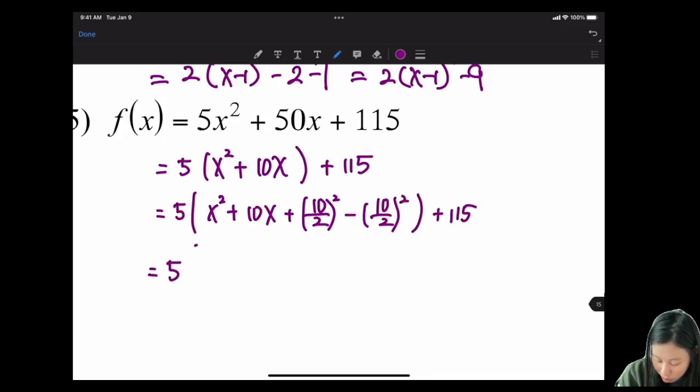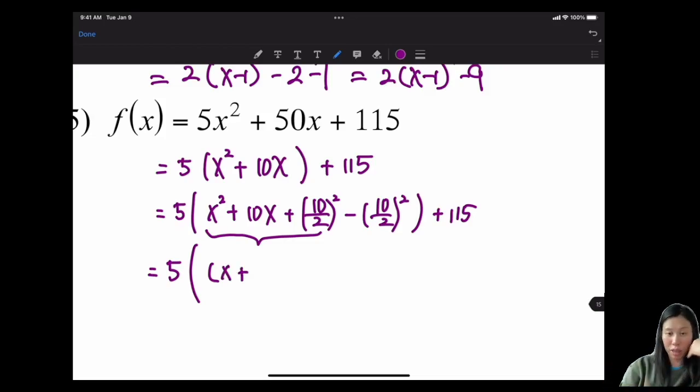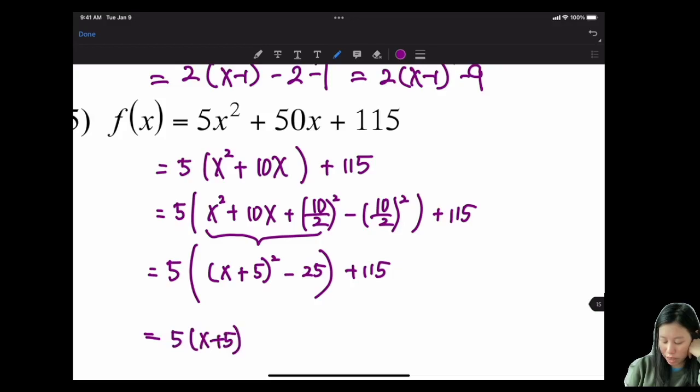And then the first 3 terms, we turn into what? x plus our half b, which is 5 squared, minus 25 plus 115. So 5 times x plus 5 squared minus 75 plus 115.